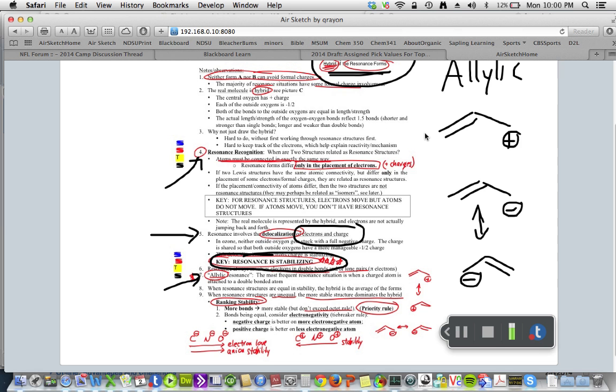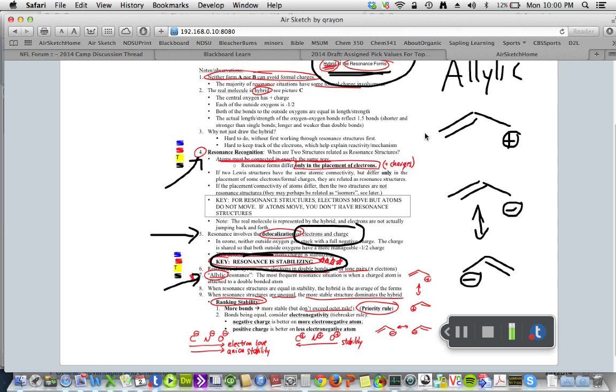Oops. So in the first picture, it looks like this. In the second image, it looks different. In the second image, the double bond is to the right rather than to the left, and the plus charge is on the first carbon rather than the third carbon.